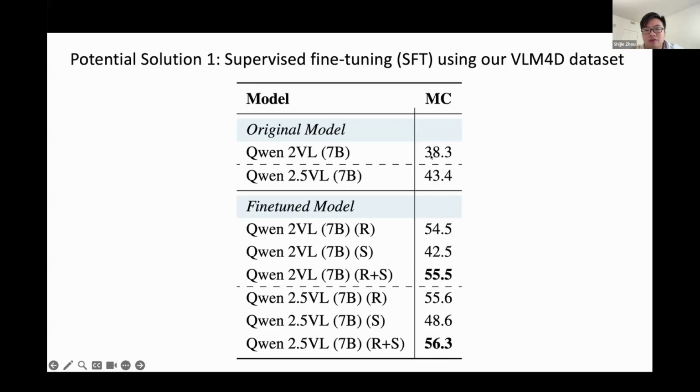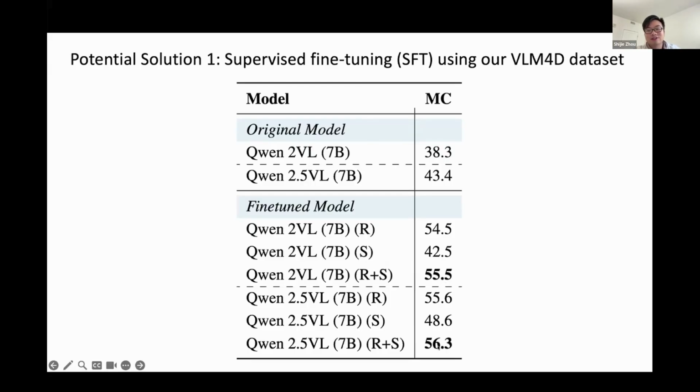So the best model achieved this kind of number, and we fine-tuned with our dataset using both real videos. The R here stands for real video, S here stands for synthetic video. We find that using the full set of our dataset to fine-tune this task improves a little bit, not significantly resolving this kind of problem, but improved.